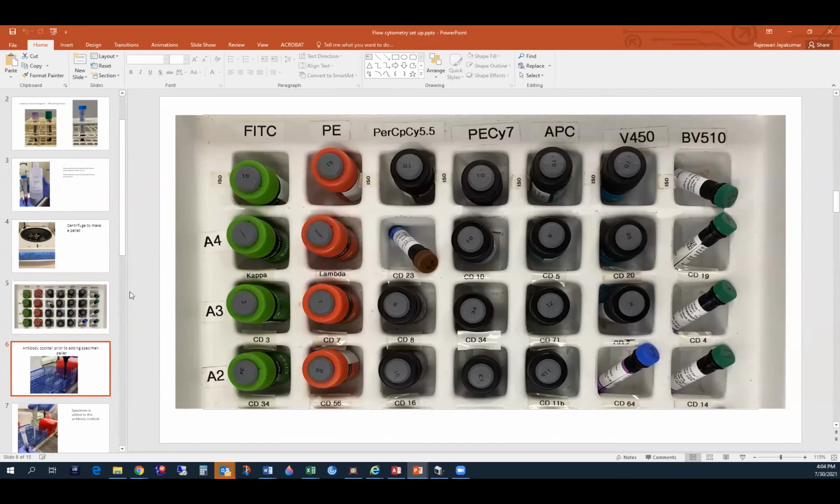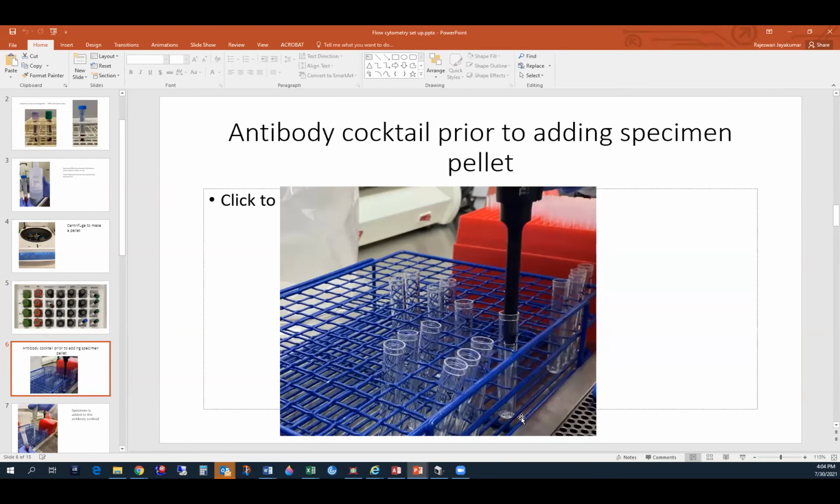All right. Then we make antibody cocktails. We have different antibodies tagged to fluorochromes separately, for example CD45 with APC or CD45 with FITC, so each fluorochrome is tagged to one antibody in different combinations. Then you select 8 different antibodies.